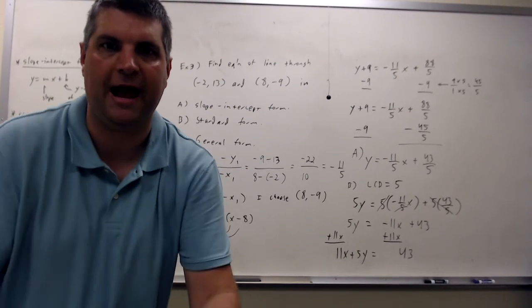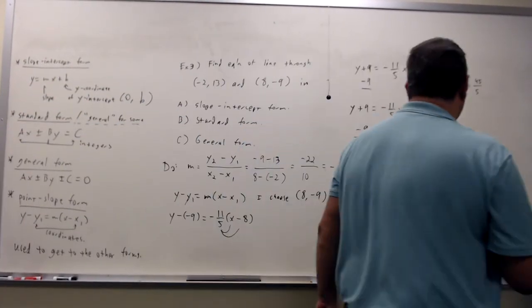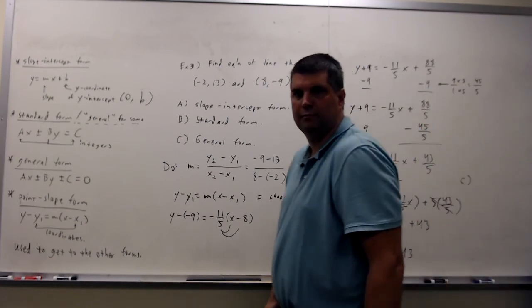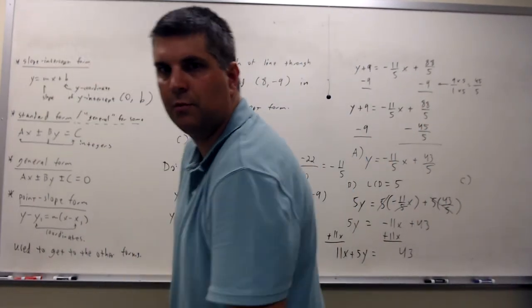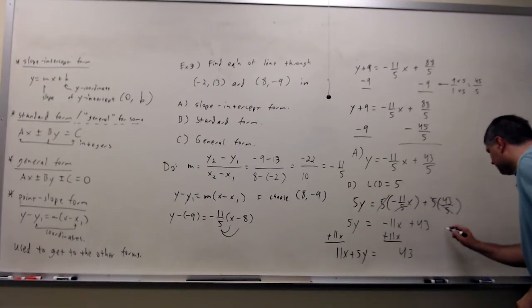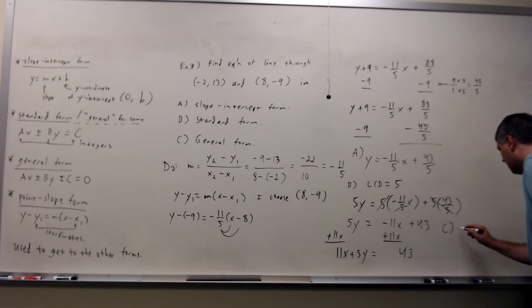If I push this back a little bit, I should be able to fit C on here. C. 11x plus 5y equals 43.